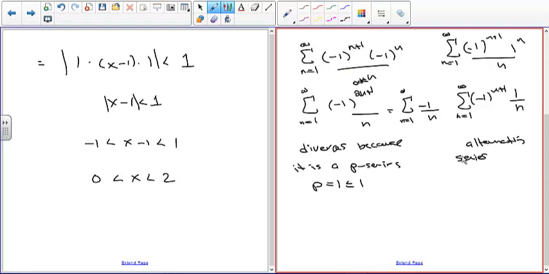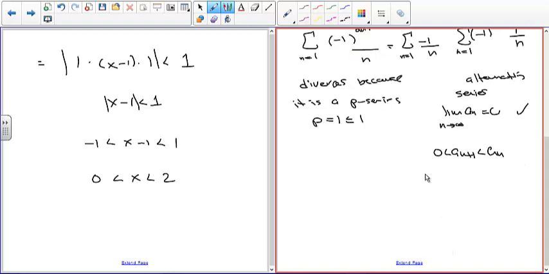And the convergence criteria for an alternating series is that the limit of a sub n as n goes to infinity equals 0, which is true. And the second one is that a sub n plus 1 is always less than a sub n. And you can do that by putting in 1 over n plus 1 is less than 1 over n.